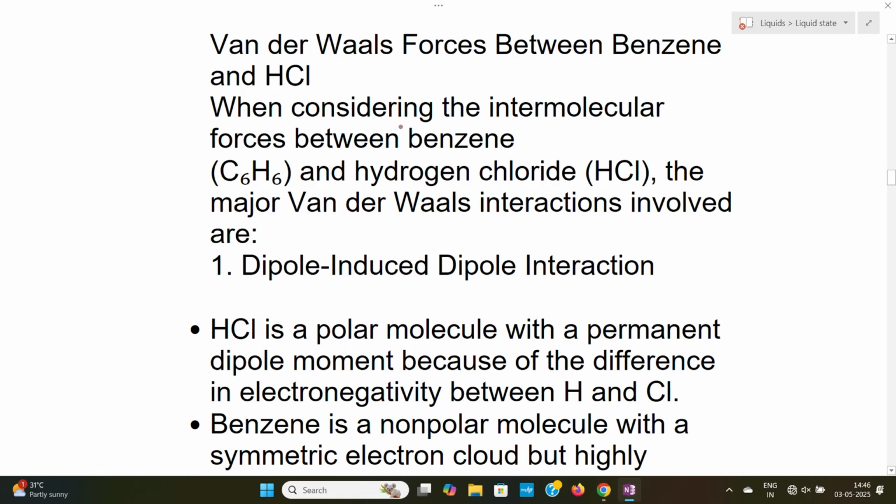The major van der Waals interactions involved are dipole-induced dipole interactions.